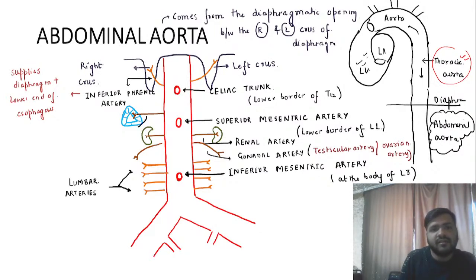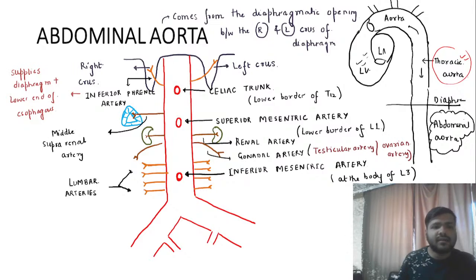I'll write the name of the artery here: the middle suprarenal artery, MSA. Then the renal artery, and the gonadal artery, which supplies the testes in males and ovaries in females.